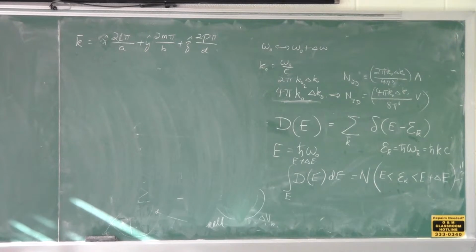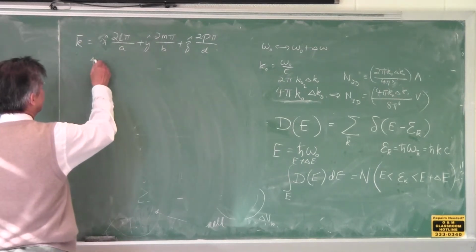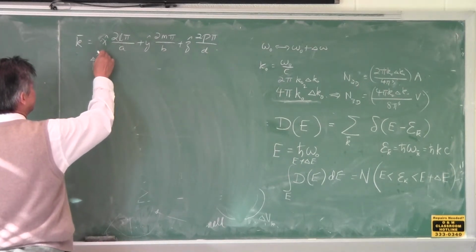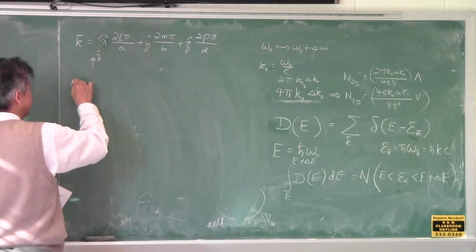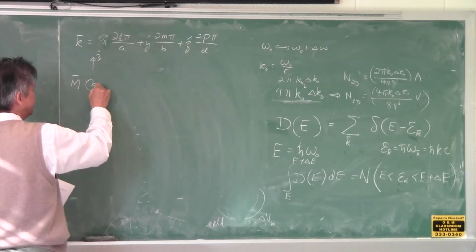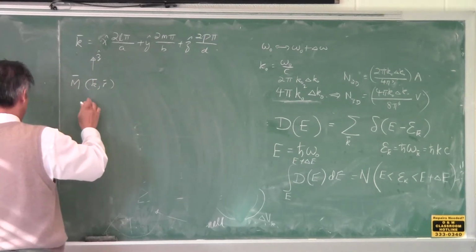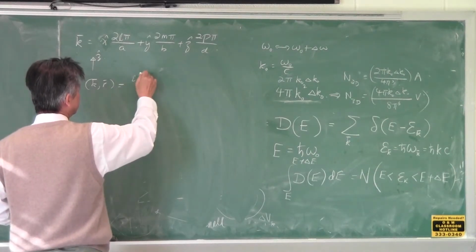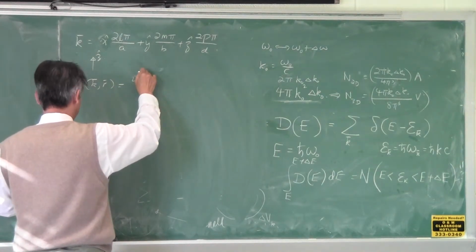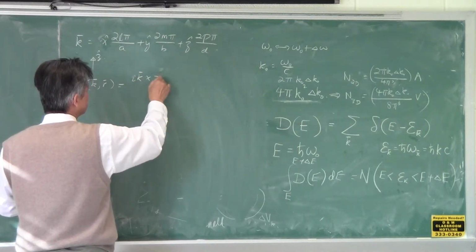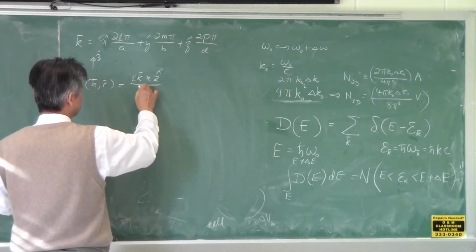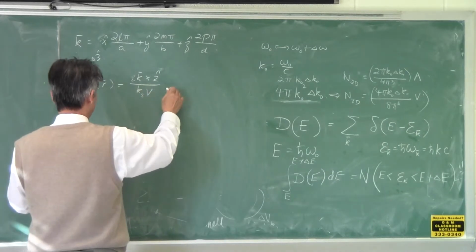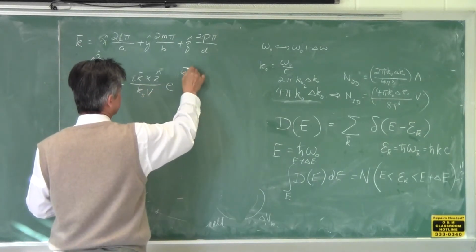So when I look at this problem, I could have 3 kinds of solutions. If Z is pointing vertically, then as we have seen before, for each K value, we can define a normalized vector wave function.